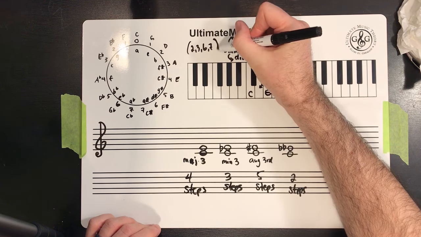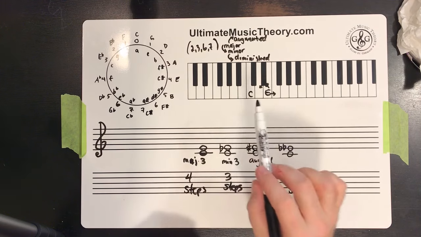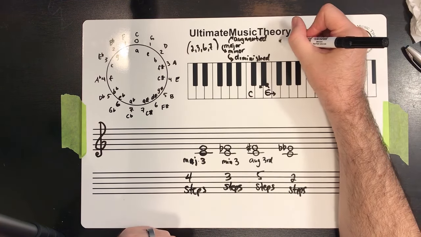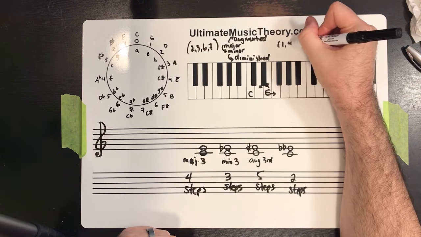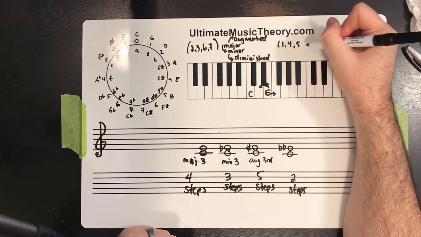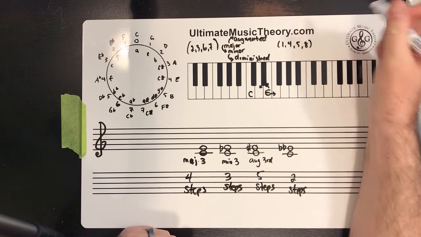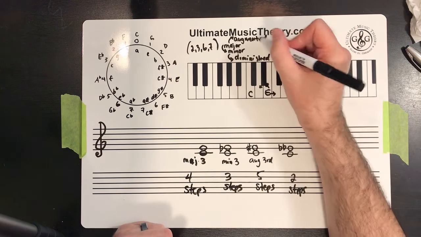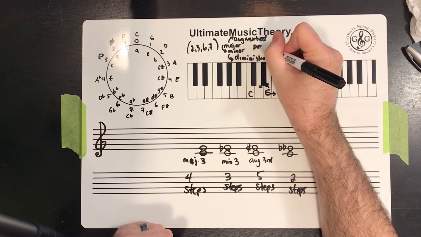So these are the intervals that can be major or minor. But we've also got our first, fourth, fifth, and eighth, or octave. And whenever we deal with these intervals, we actually call them perfect.